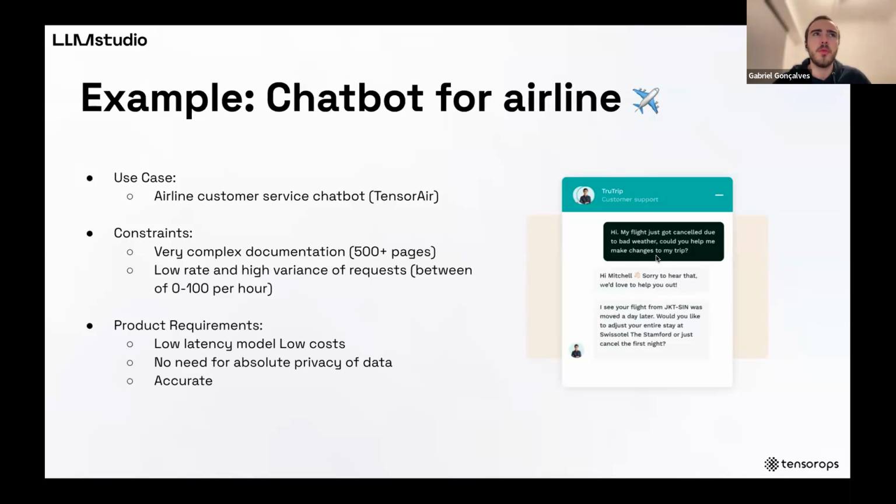There are no real data privacy requirements in this case, because we're not using payment information or identifications. The most private information we'd be handling would be reservation numbers. And of course, we would need it to be accurate so that we wouldn't give wrong advice to our users.